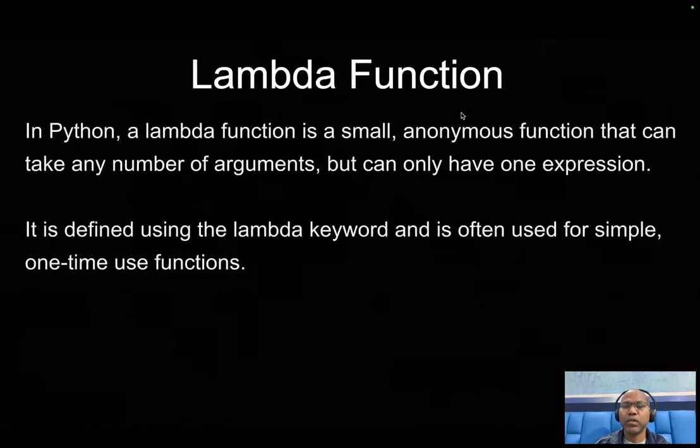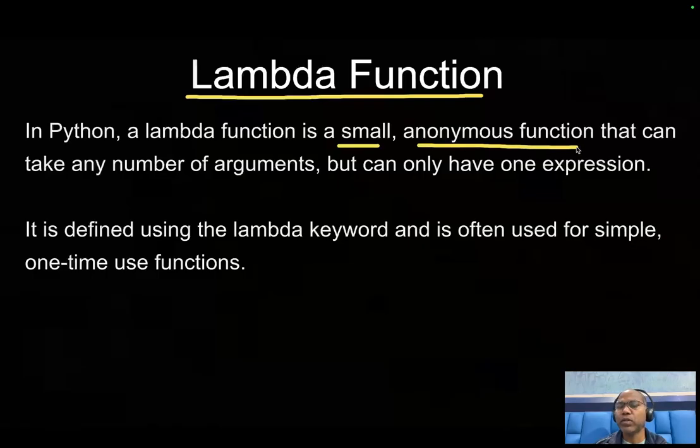So let's talk about the lambda function. In Python, a lambda function is a small anonymous function. Sometimes you can call a lambda function an anonymous function. Generally, whenever you define a function, you give it a name like calculate, sum, or minus.